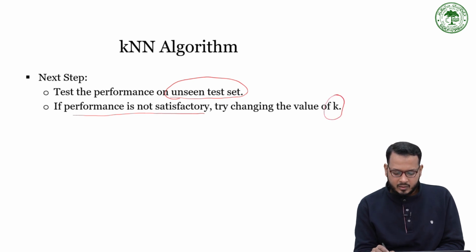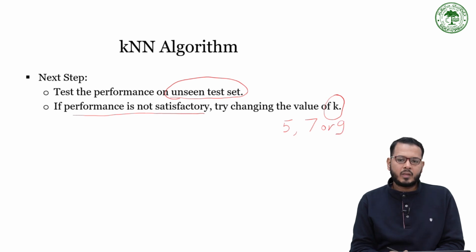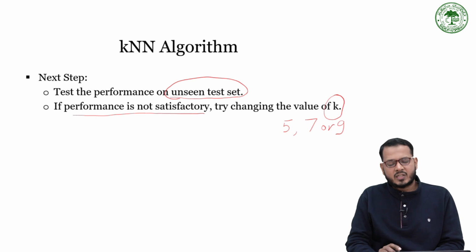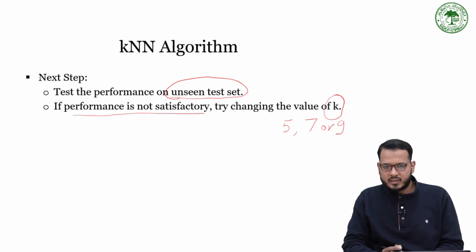As I told you earlier, we might use a different value of k, 5, 7 or 9. We can also try changing other distance metrics. In this specific case, we use the Euclidean distance, but we can also rely on other types of distance metrics like Manhattan distance.